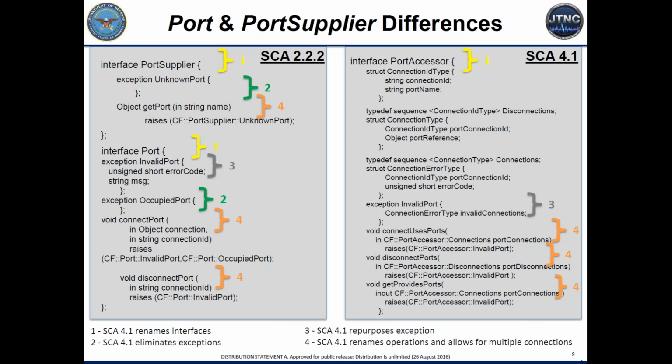Again, it's not something overly difficult in terms of making that migration from one version to another, but there is a conceptual modification and a philosophical difference in the way that port accessors exist within 4.1. You might say, okay, you made this change, what's the benefit?